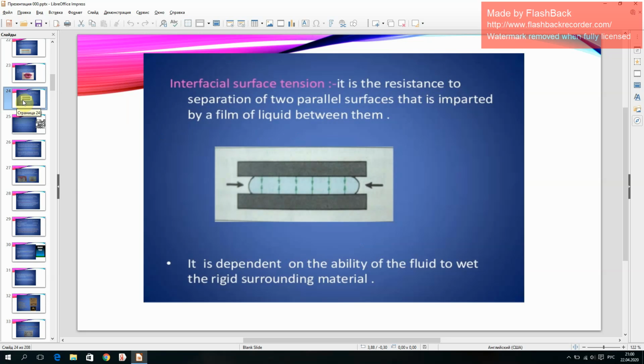Interfacial surface tension: the resistance to separation of two parallel surfaces that is imparted by a film of liquid between them. It is dependent on the ability of the fluid to wet the rigid surrounding material.